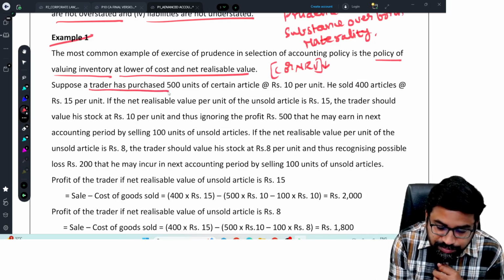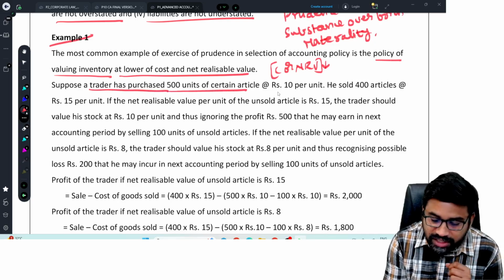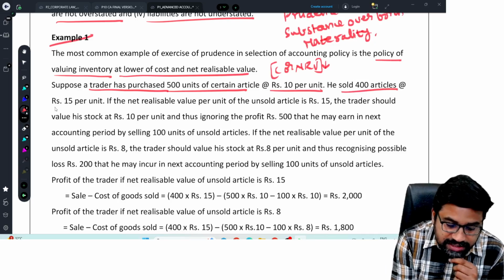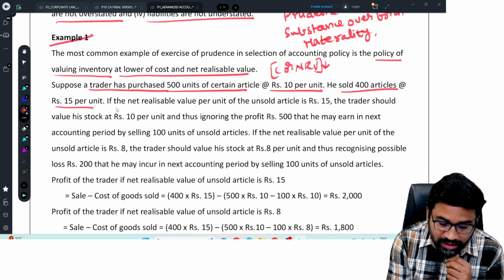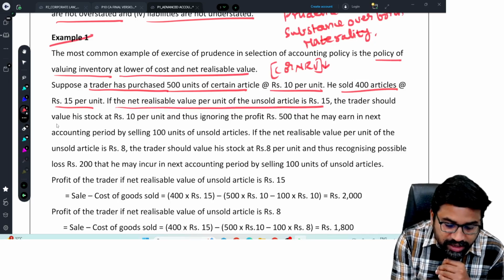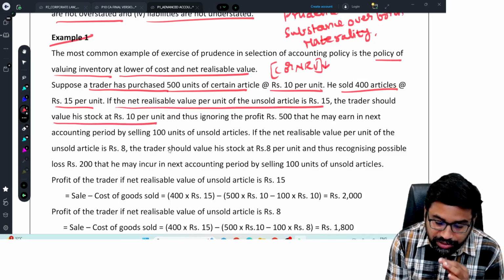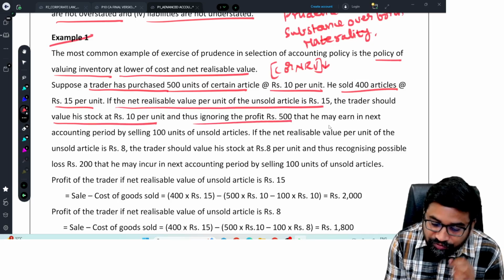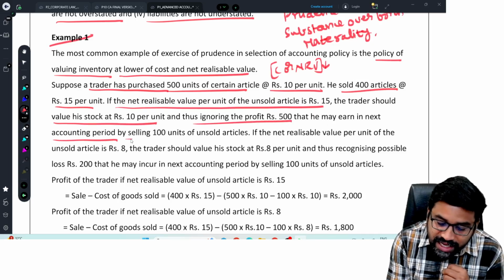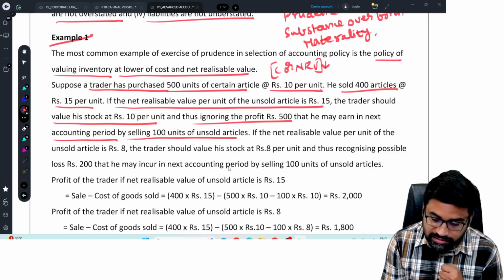Suppose a trader has purchased 500 units of certain articles at 10 per unit. He sold 400 articles at 15 per unit. If the net realizable value per unit of the unsold article is 15, the trader should value his stock at 10 per unit, and thus ignore the profit of 500 that he may earn in the next accounting period by selling 100 units of unsold articles.